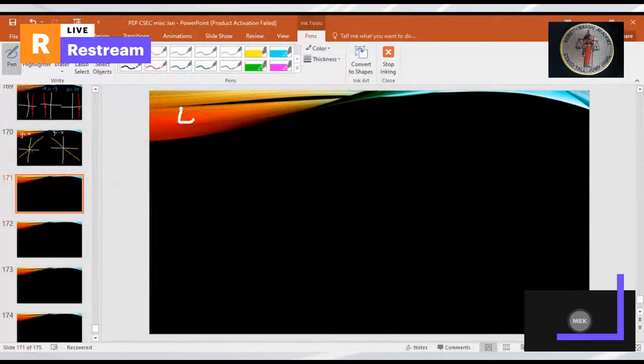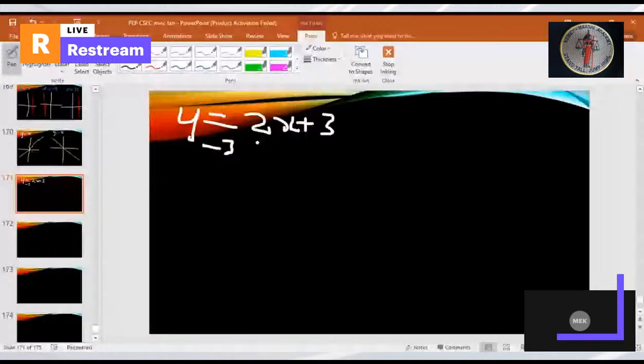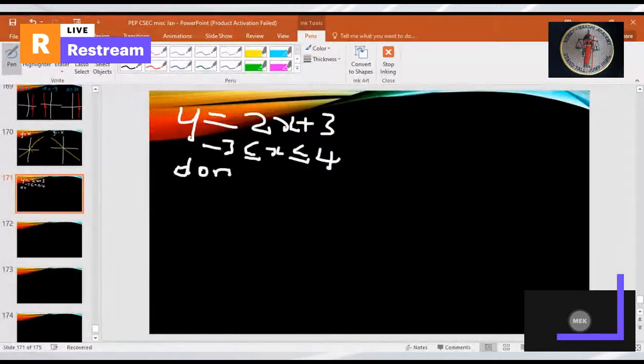And let's say we were given a domain of -3 to 4. The domain tells you where your x value should start and where it should stop. So we're going to start at -3, stop at 4.